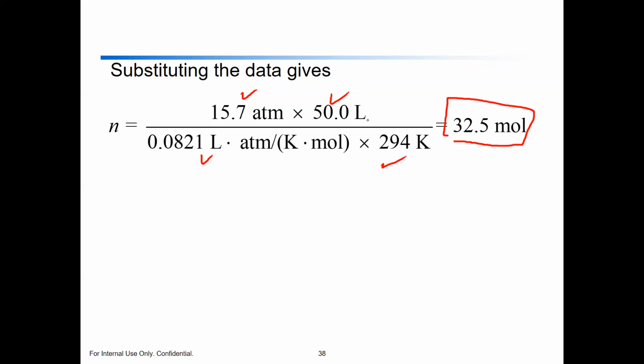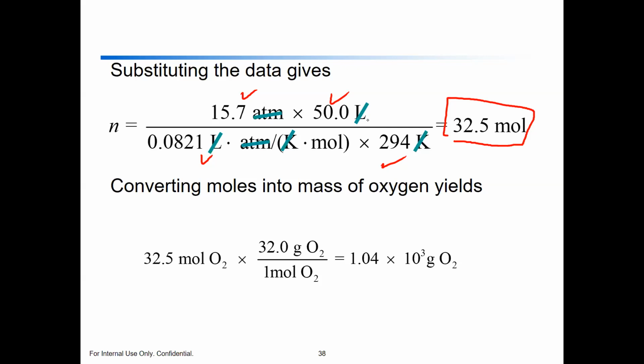No. So you have to convert that moles into what? Grams. And we know how to do that. 32.5 moles times the molar mass gives us basically 1,000 grams. So now you could just tell the guy, I have 1,000 grams of oxygen in this tank. That's going to mean something.